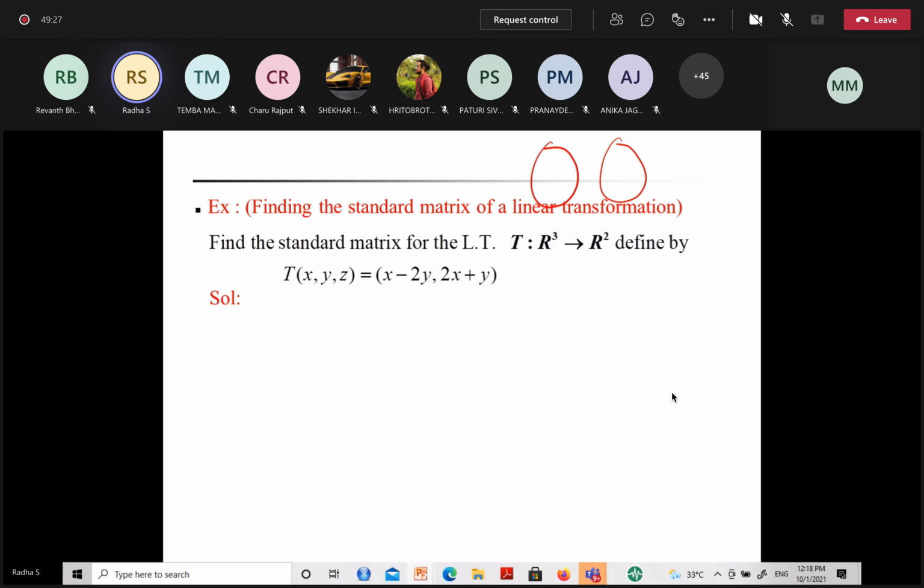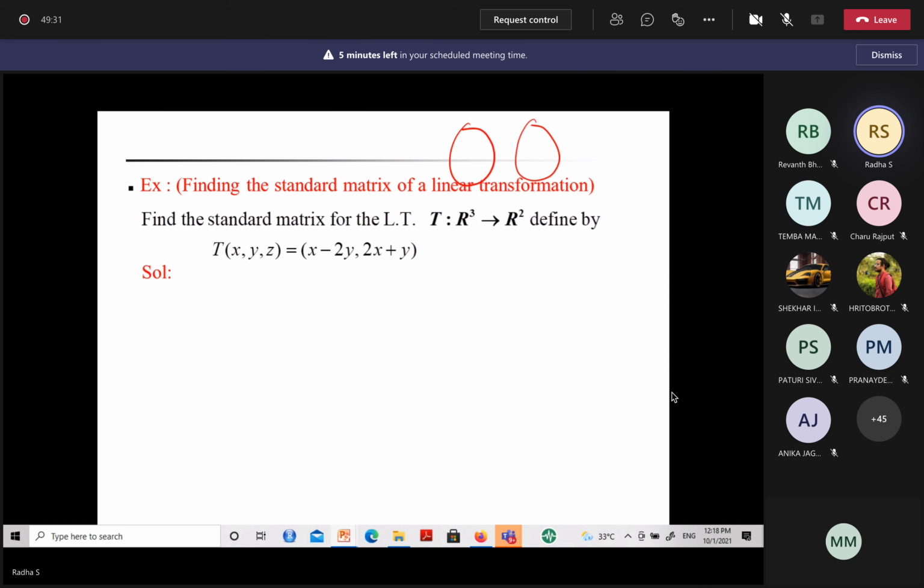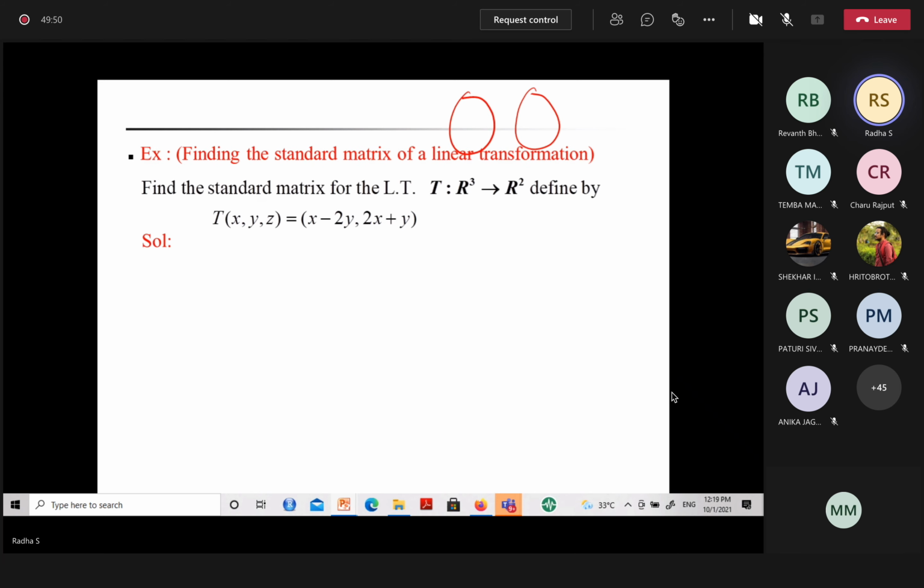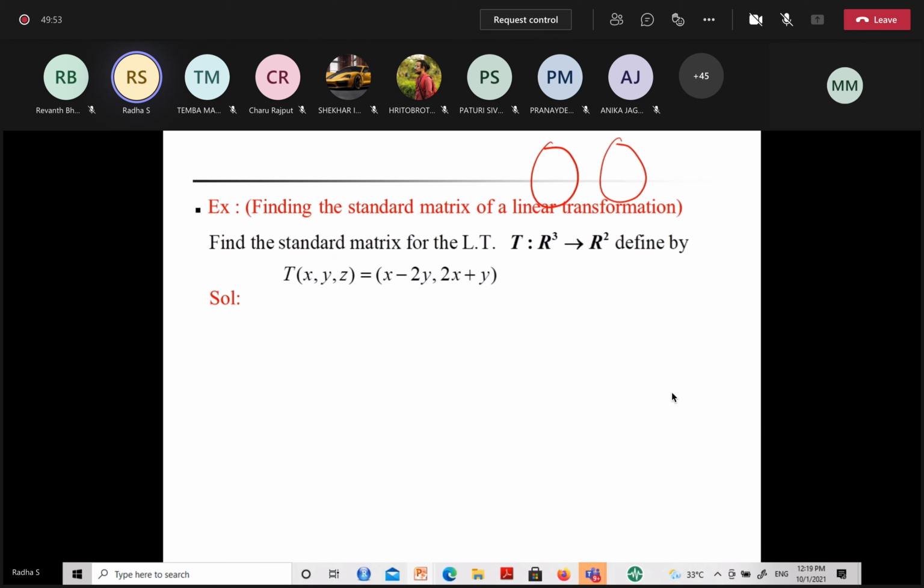A and B are two matrices belonging to W. It means A square is equal to A, B square is equal to B. Correct? Now, for subspace, first property is A plus B also belongs to W. Correct? When A plus B whole square is equal to A plus B. Correct?